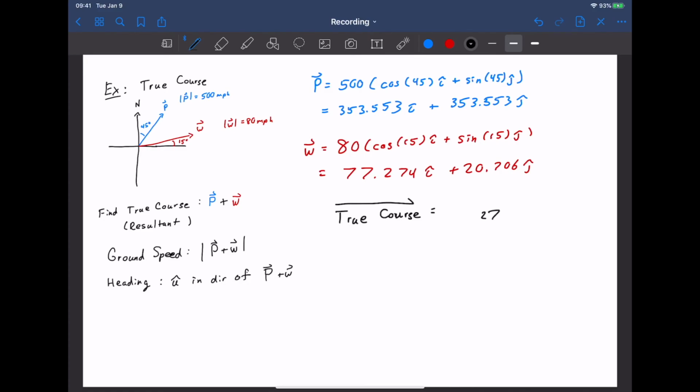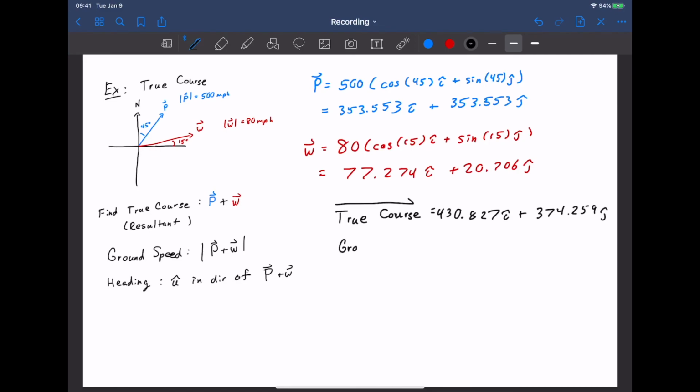I shouldn't be doing this in my head. 430.827 in the i direction plus 374.259 in the j direction.